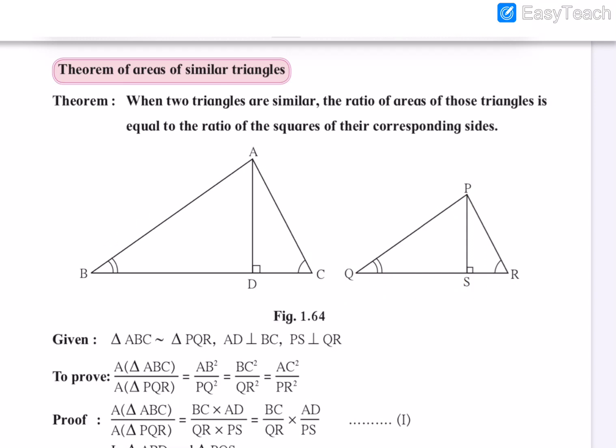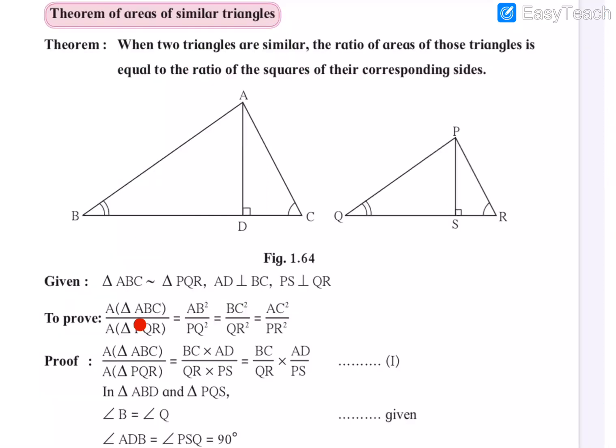This much is given in the theorem, and what we need to prove is that the ratio of the areas of the first and second triangles, ABC and PQR, will be equal to the squares of the ratios of corresponding sides: AB square by PQ square, BC square by QR square, and AC square by PR square. That we need to prove.